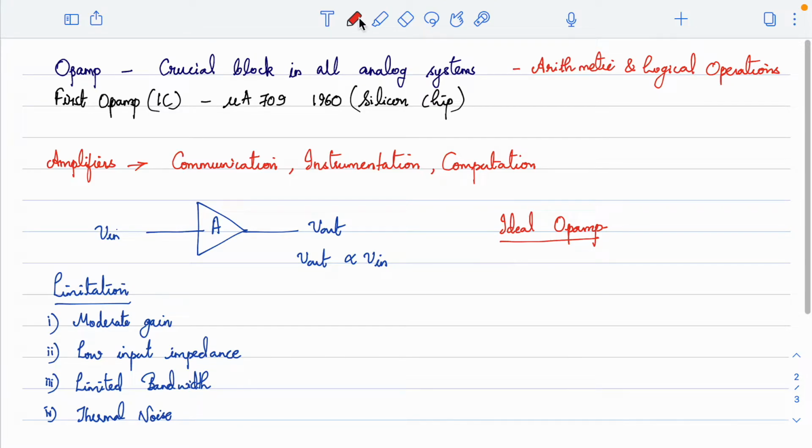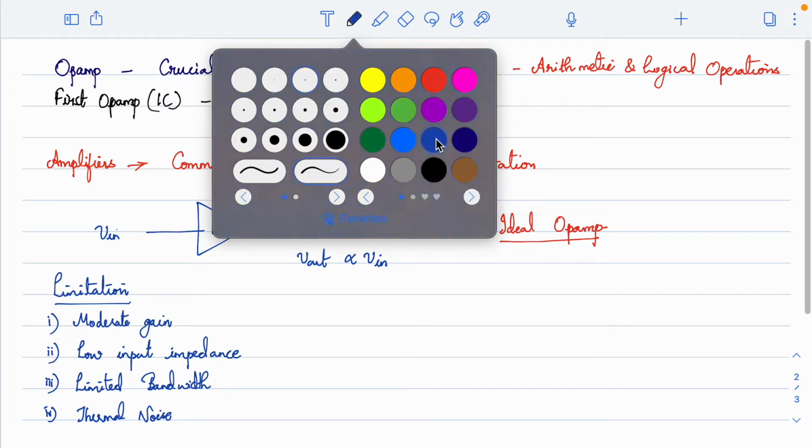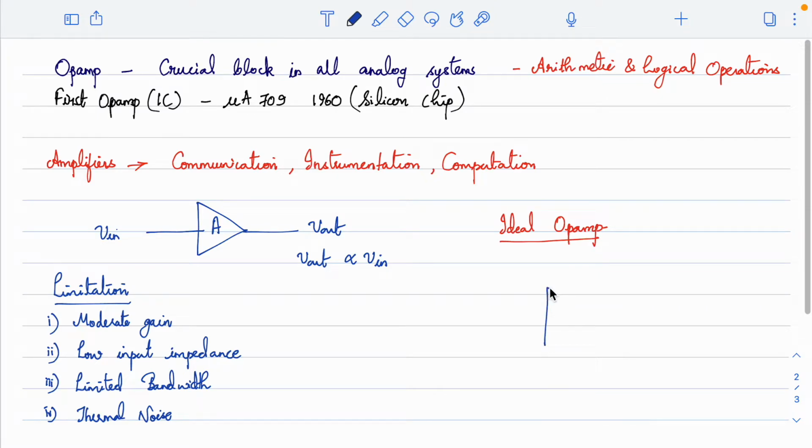So before looking at that, let me also draw the symbol of an op-amp. This is familiar to you. So generally we mark it with 2 input terminals and 1 output terminal. This is not necessarily all the time, because in the next semester you will also see that even the output terminals can be 2.